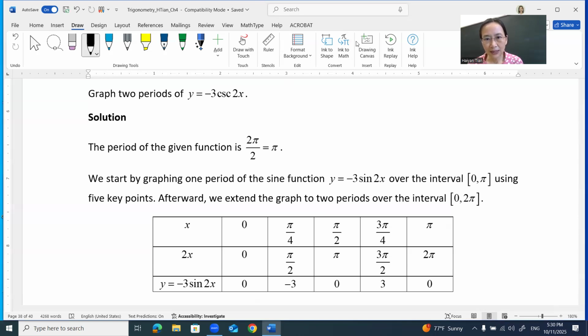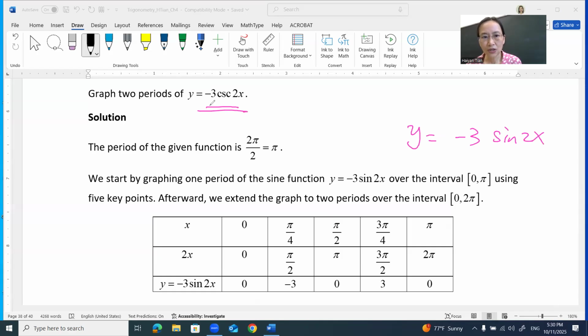So then after we get that, how do I get this curve? Because right now with the 5 key points, I get -3 sine 2x, which is not the given function. You see, the sine is actually the reciprocal of the cosecant. That's not the function we need to graph.